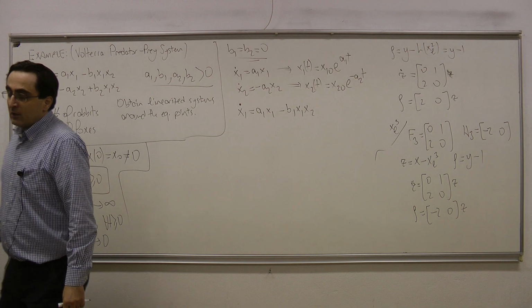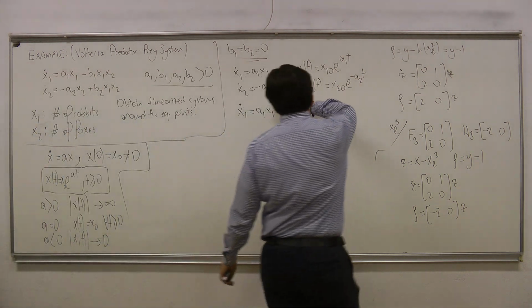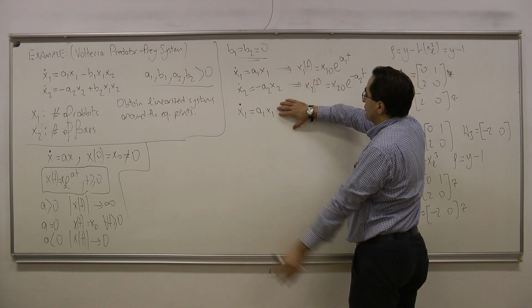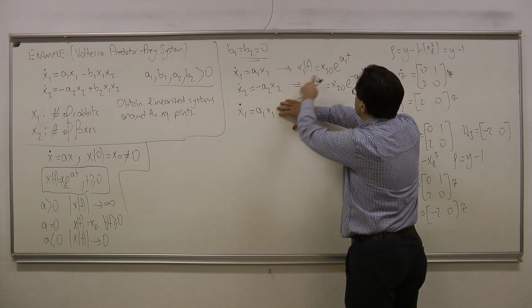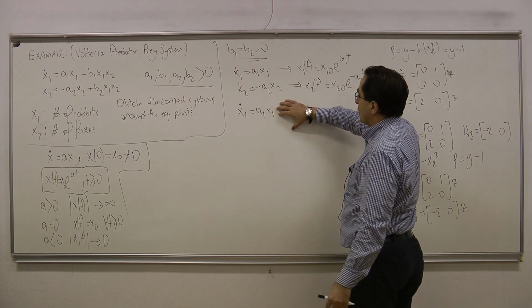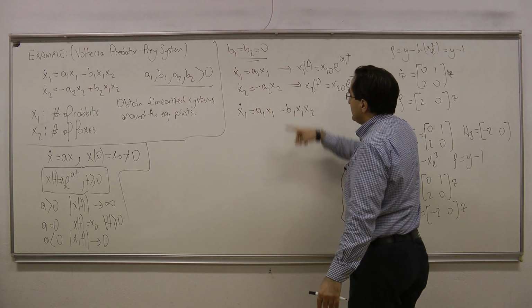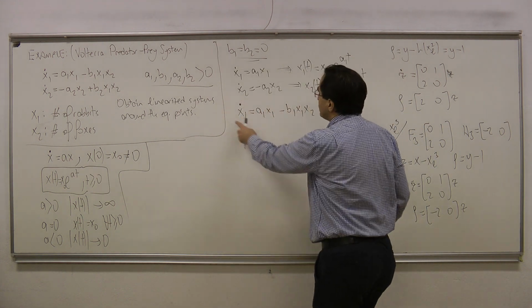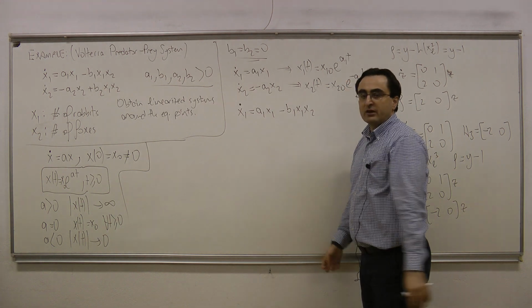Okay? So here, I know what happens without this interaction term. The number of rabbits would always be positive if the initial condition is positive, so the number of rabbits will grow. But this type of interaction term is going to decrease the rate of change of the rabbits.